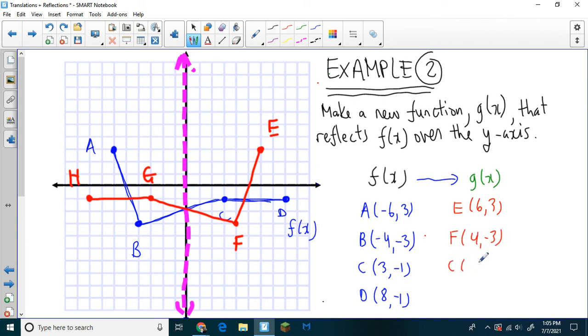C is going to be negative 3 and negative 1. And I feel like I made that same mistake before, right? I just copied the C. So it's not C. It is G. And then H is going to be negative 8 and negative 1.